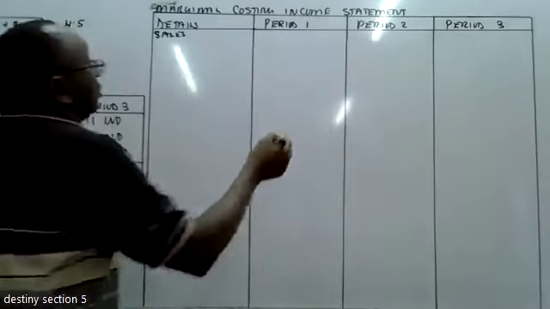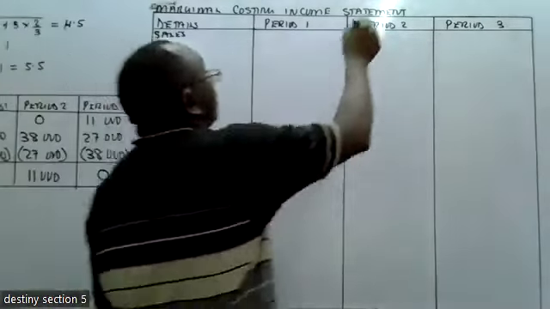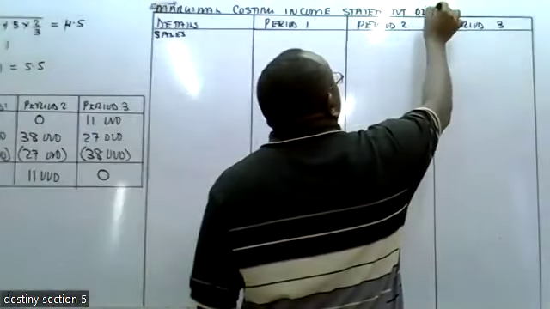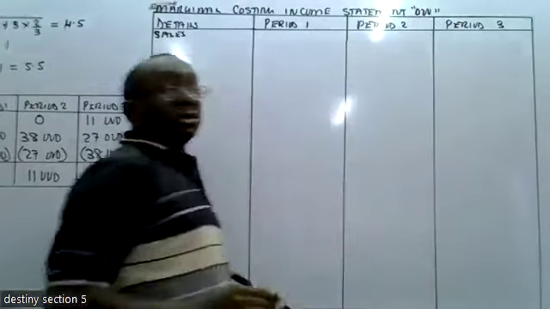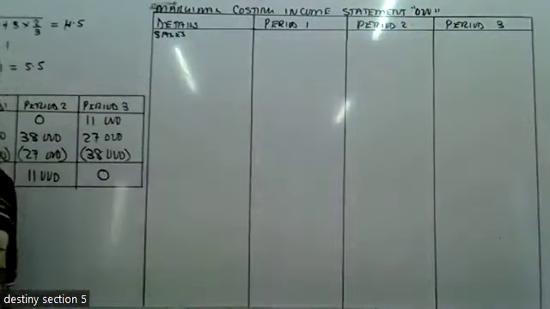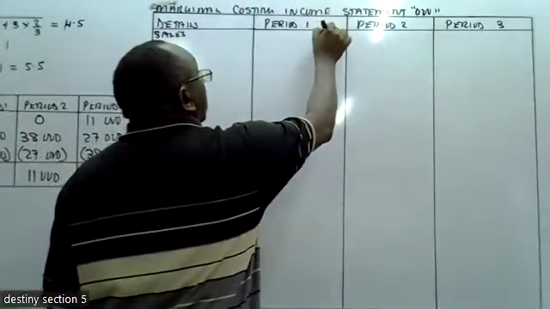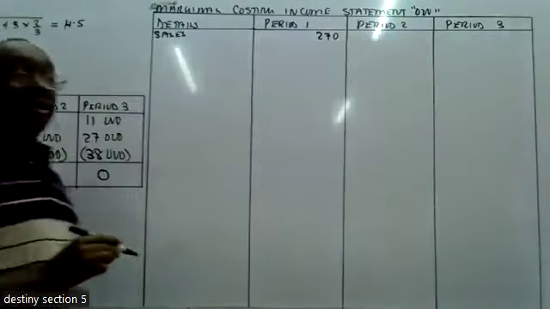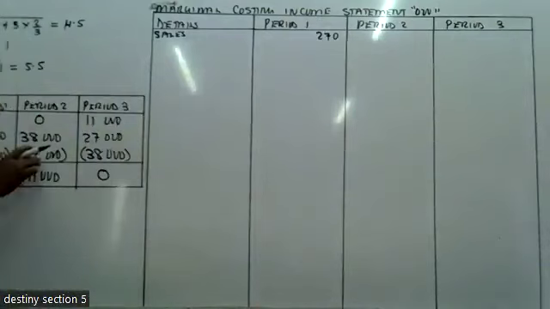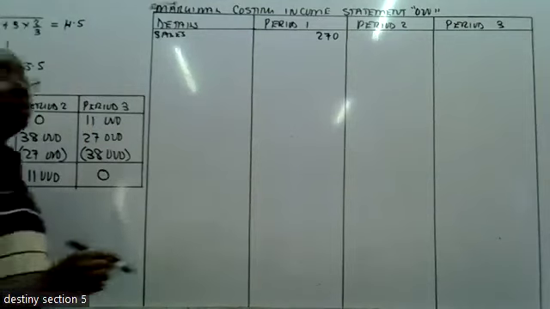And we can use our figures in thousands. Let's have our figures in thousands, but we don't project so much. So that will be 270. I do the same for period 2. 9 times 27. 243.